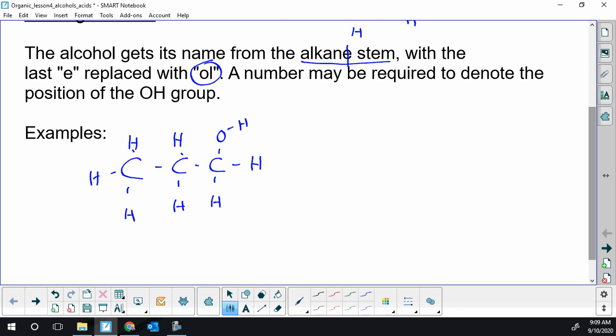Okay. So find the longest chain. Like with enes, the OH would have to be in the longest chain. So if there's a few ways to go, make sure you include the OH regardless in that chain. There's no branches here.